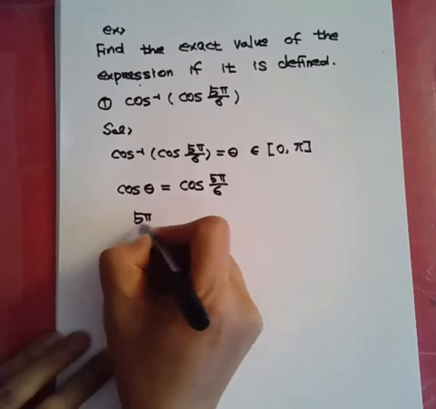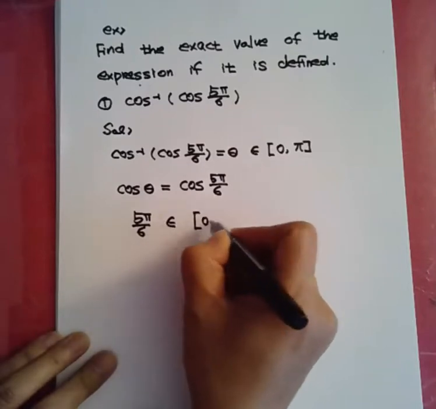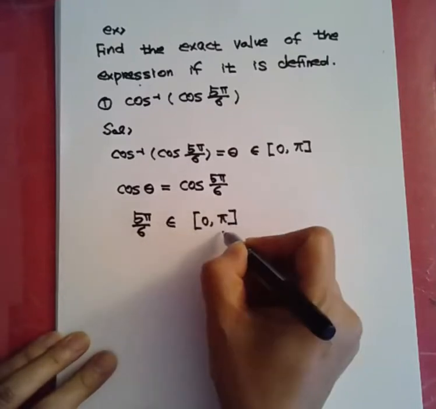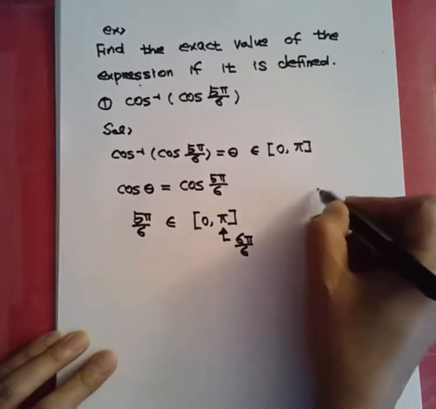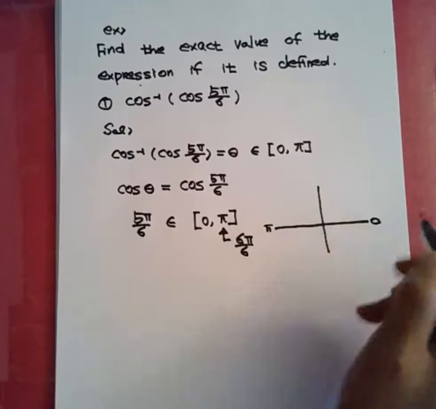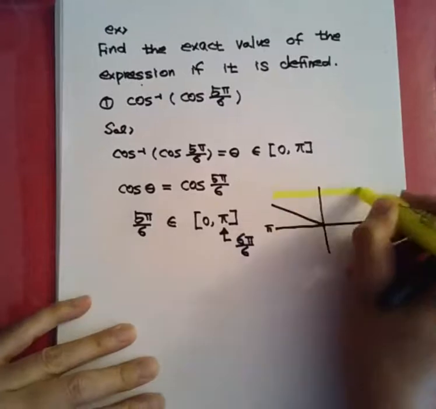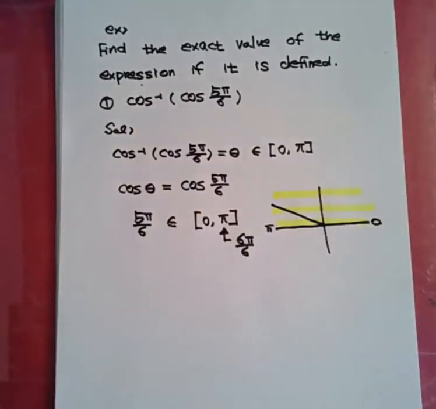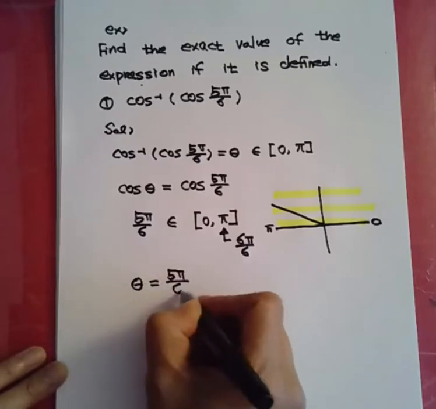So 5 pi over 6 belongs to 0 and pi because pi is 6 pi over 6. Or you can just locate the angle here. And the range of cosine inverse is the angle in the first or second quadrant. So theta is 5 pi over 6.